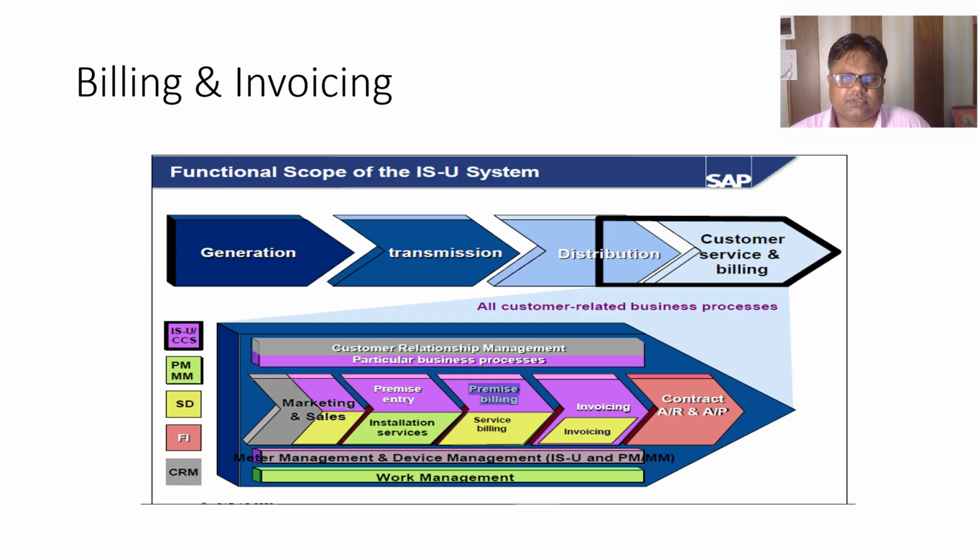For example, if I take the example of electricity, first we generate the electricity. How do we generate the electricity? We generate electricity through different types of plants, like a hydropower plant, thermal power plant, solar power plant, and through renewable energy like a wind power plant we also set up.